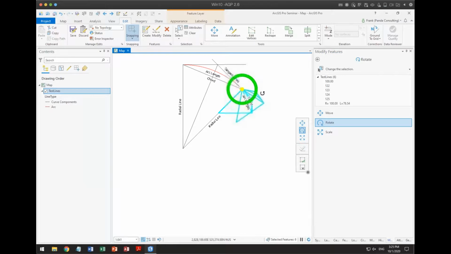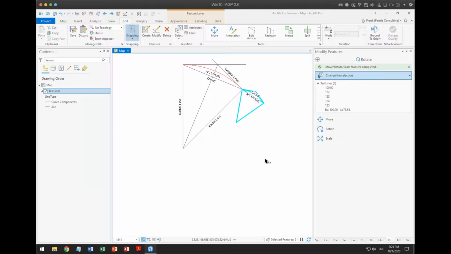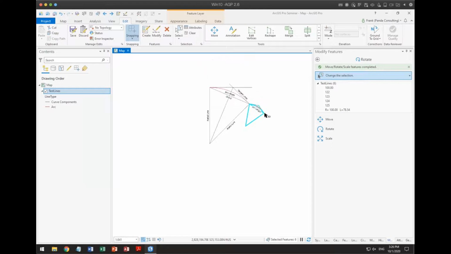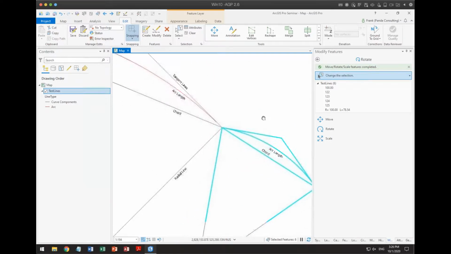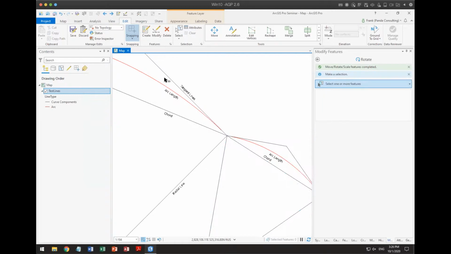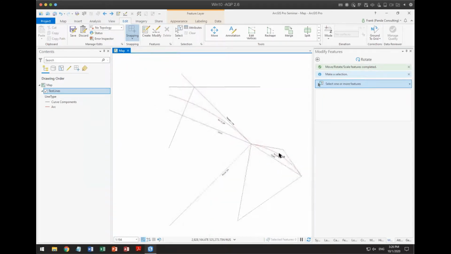So in this case, this curve is oriented so the previous line, the end of the curve before it, and the next tangent are not the same. Again, this tangent line and this tangent line are not the same.